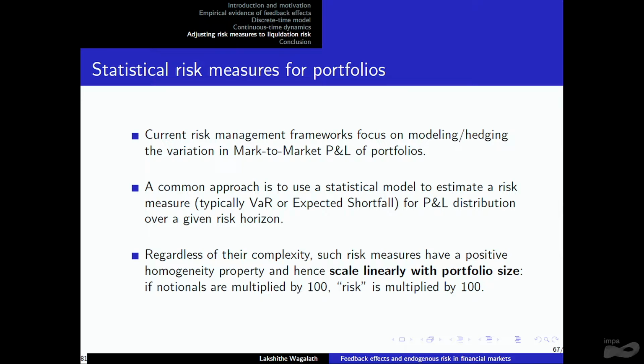It should be much, much bigger, because of liquidity. And actually, if you just use value at risk or expected shortfall, it is 20 million. It scales linearly in the size of the portfolio. It's a homogeneous risk measure.